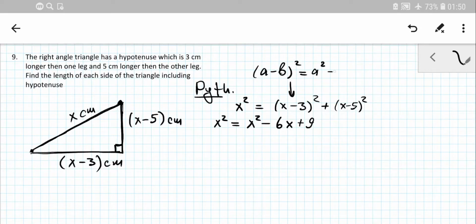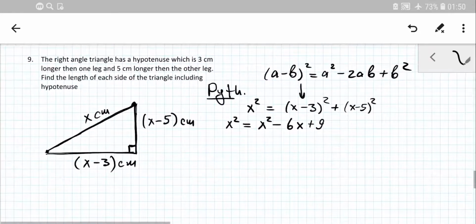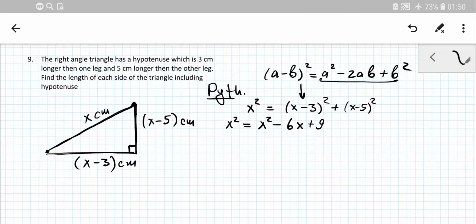For new ones, I'll put a bit more detail: if you're not sure how this formula works, just take a minus b and multiply it by itself, and you will work out the right side. We do the same with the second bracket: x squared minus 2ab, which is 10x, plus 25.